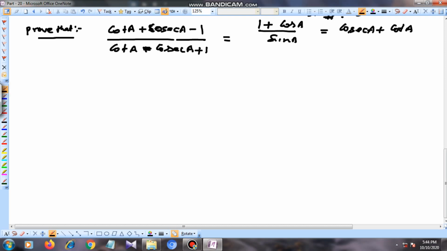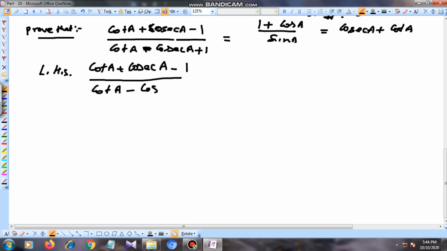Now in this question, taking the left hand side LHS: cot A plus cosec A minus 1 upon cot A minus cosec A plus 1.